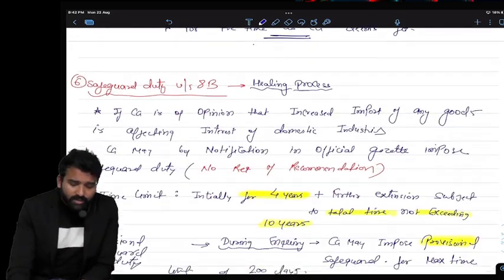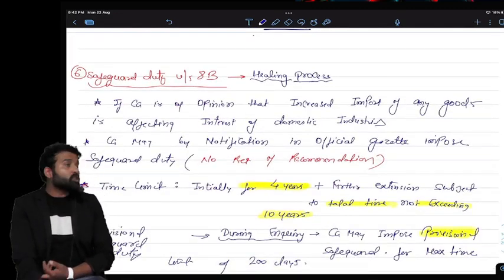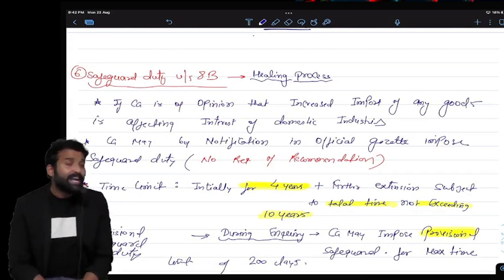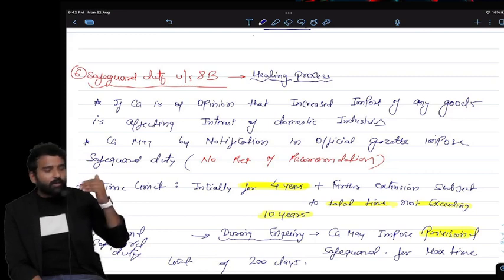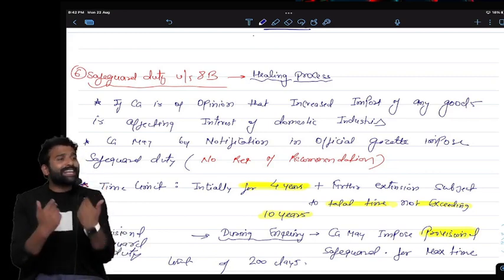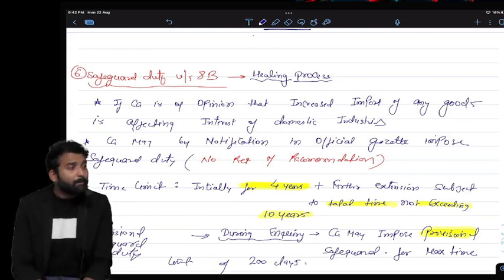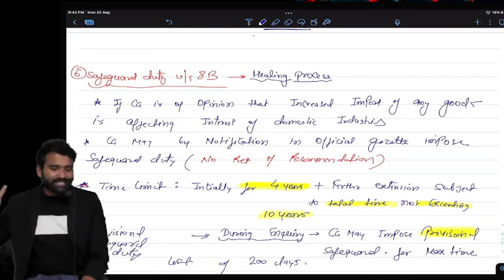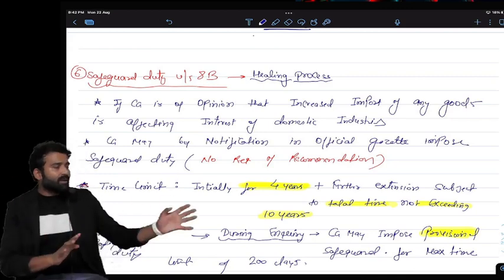Now, there is one more duty called safeguard duty, and that duty is not armor, it's a healing process. It's a medicine. It means import of any goods has increased so much that it is already threatening the interest of the domestic industries. The injury has already happened. It's not an armor.